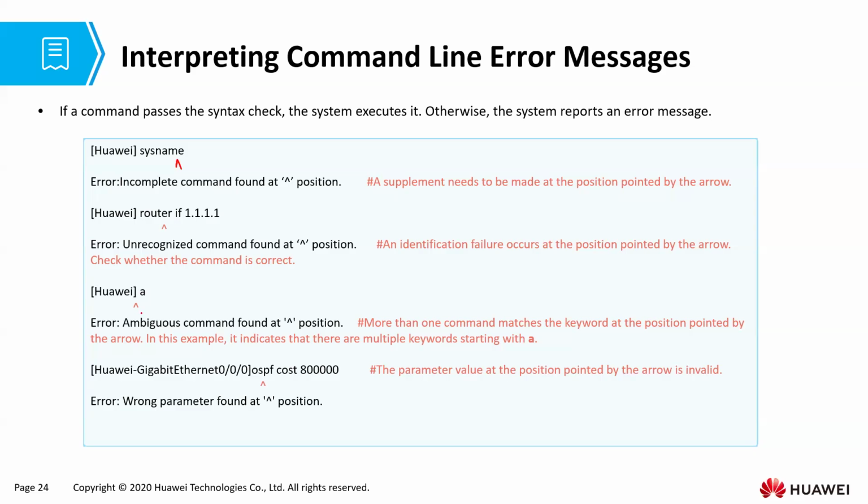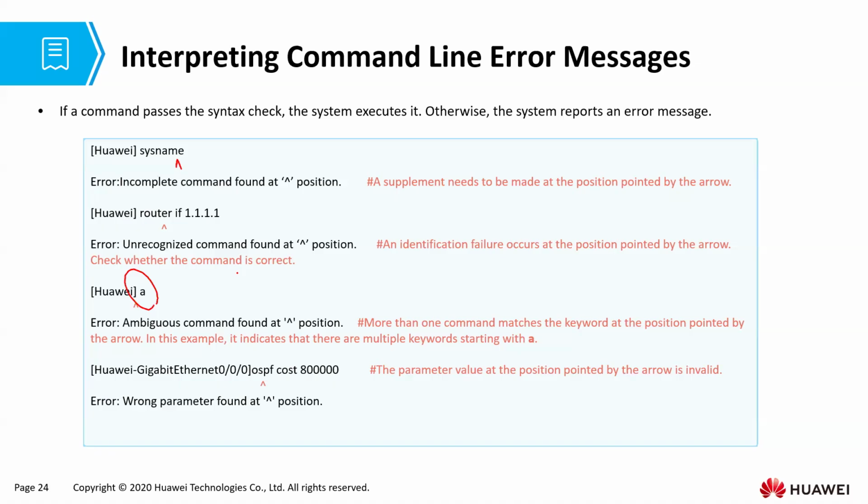Then this one, ambiguous command found at this position. More than one command matches the keyword. In this case, we have more than one command starting with A. Therefore, if we say A and press enter, the device will not know which specific command you are instructing it to run.